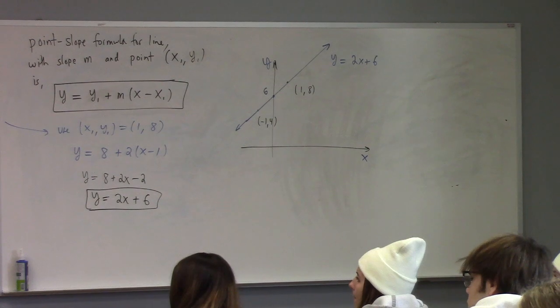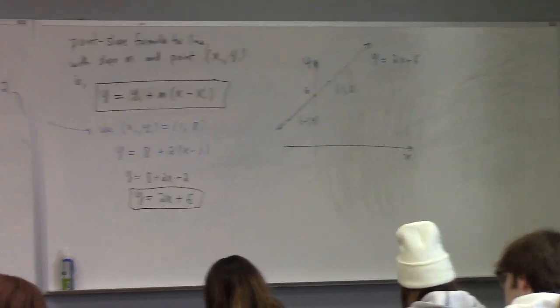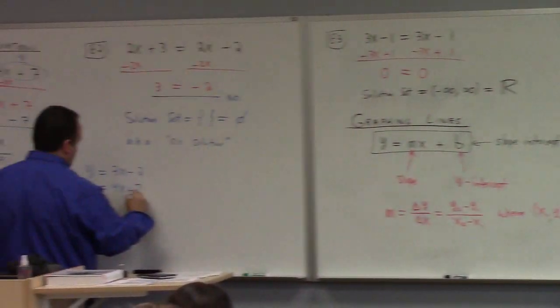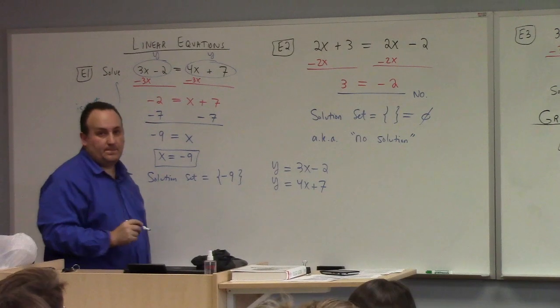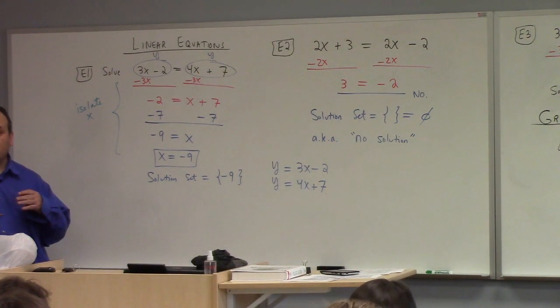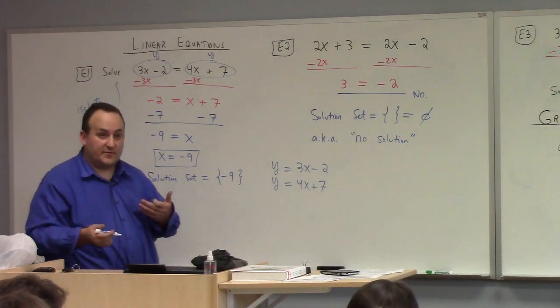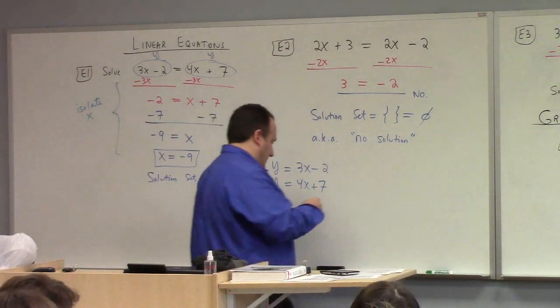We've got y equals 3x minus 2, and we've got y equals 4x plus 7. Each one of those is separately a line, right? So you can graph both of them. And let's do that.